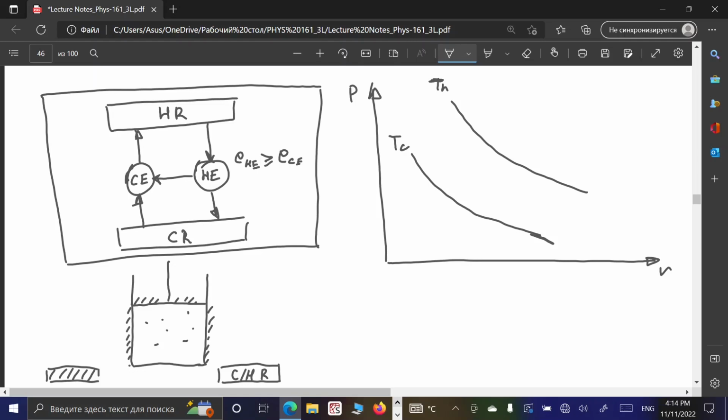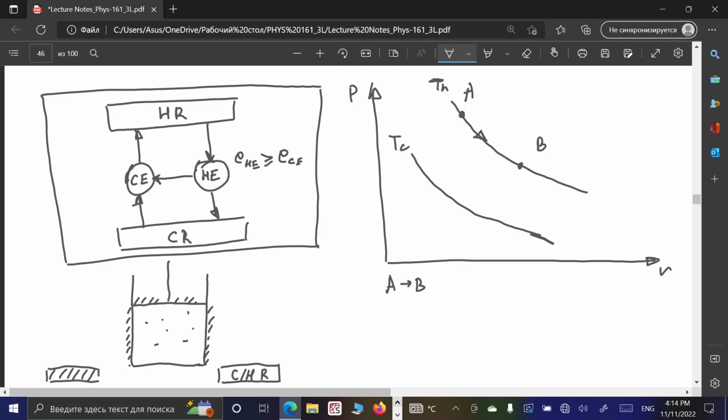So now let us consider the first step. Let this be point A, it's our starting point. This will be point B, and we have the first thermodynamic process in the Carnot cycle. That is process AB. What process is this?